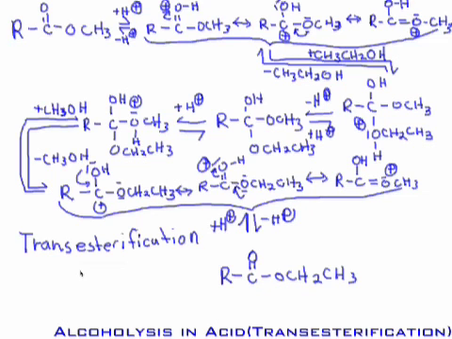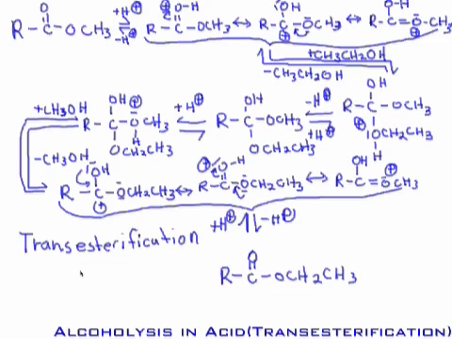So, we've taken all this time looking at the reaction mechanisms of only two reactions, the hydrolysis reaction and the alcoholysis reaction. The hydrolysis taking place both in acid and base, going through nucleophilic acyl substitution.